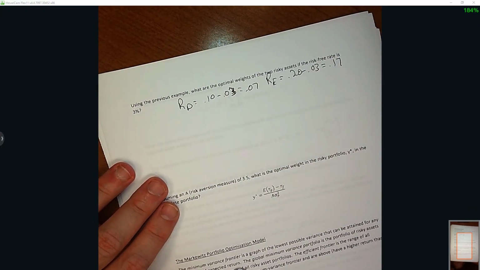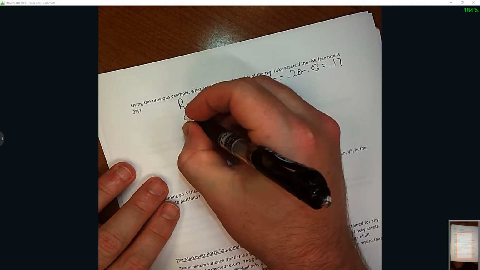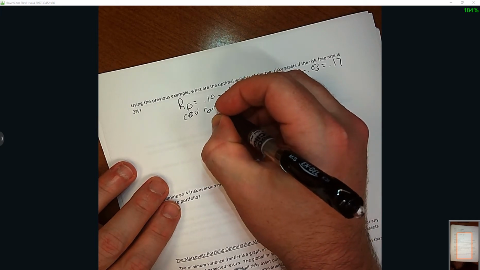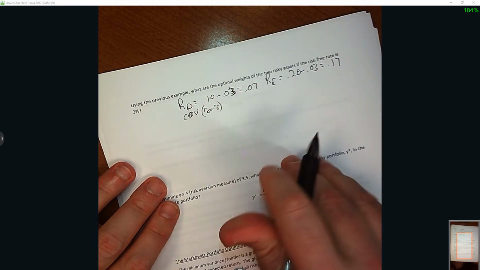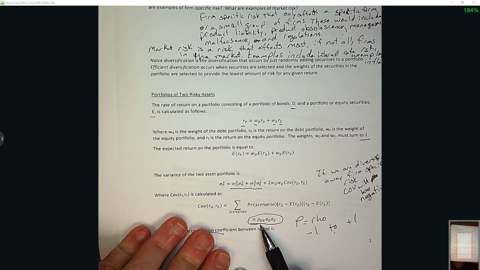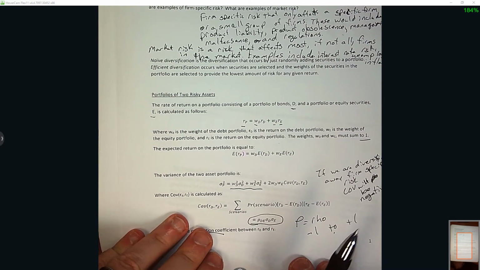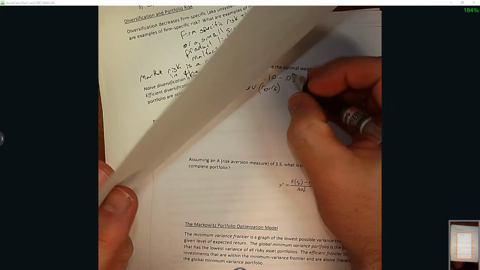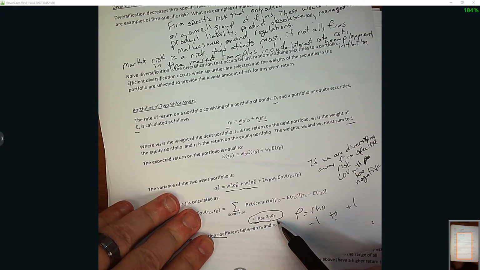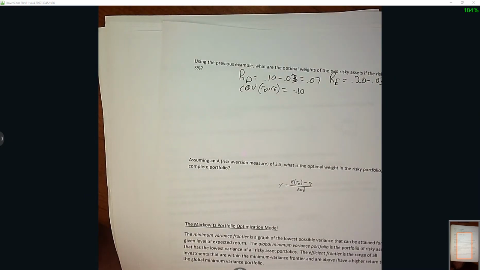Let's calculate the covariance. So again, the covariance of R_D, R_E is equal to, if we go back to the notes on page 1, we see that the covariance is equal to the correlation coefficient, so that's going to be negative 0.10, multiplied by the standard deviation of D multiplied by the standard deviation of E. So the standard deviation of D was 0.2.